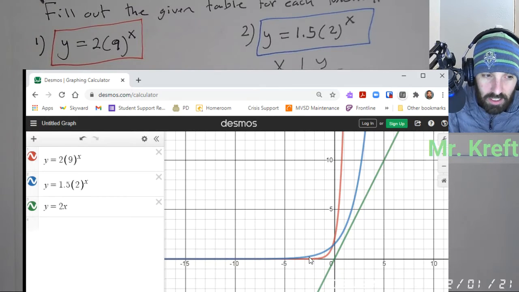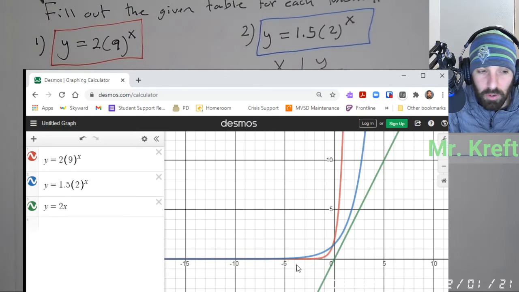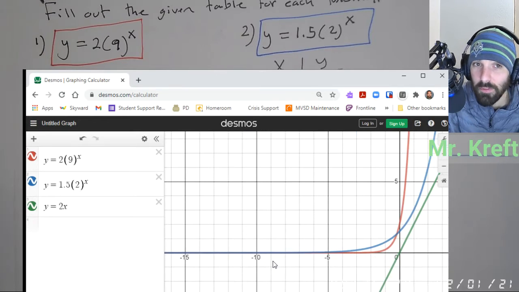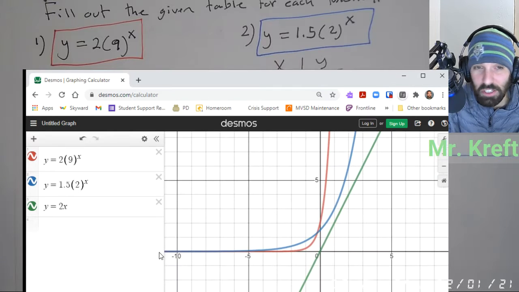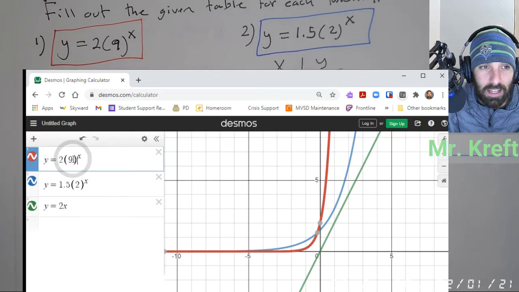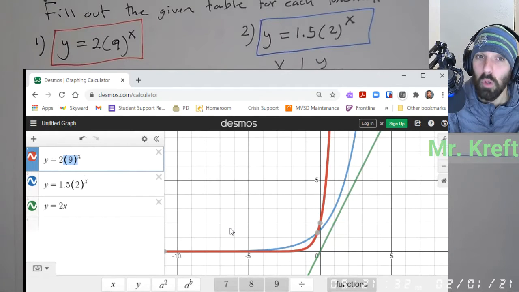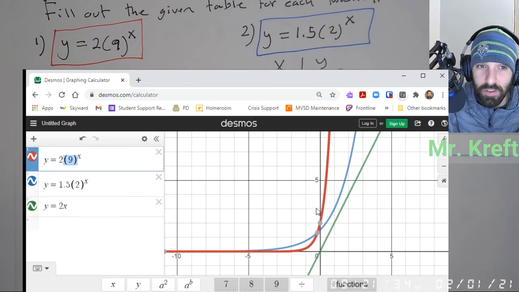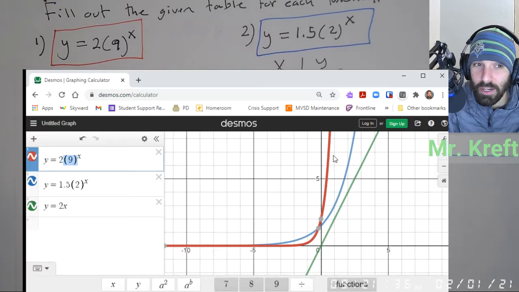Notice how both the blue and the red graph tend to 0, right? Because no matter what fraction you have, if you multiply a fraction by itself enough, it's going to go to 0. But look at the difference here. Notice how red has a bigger base. That is, we're multiplying by 9 each time. That means it's going to increase faster, right?